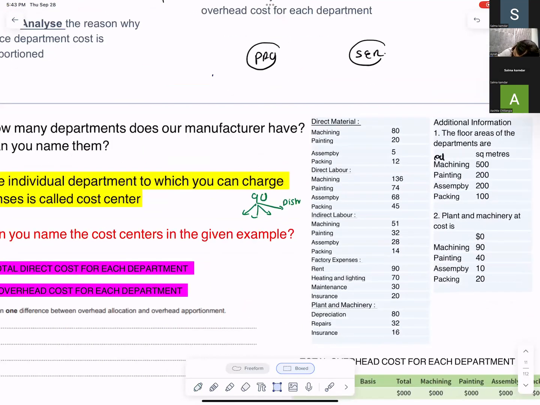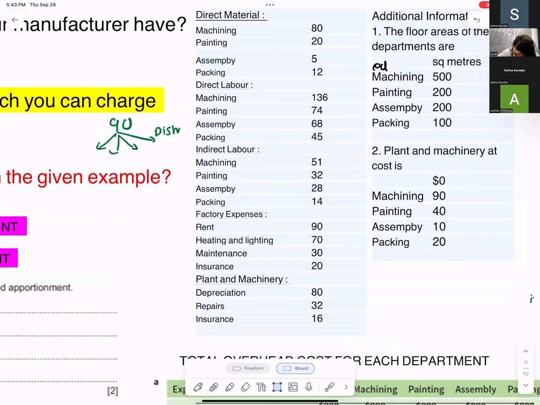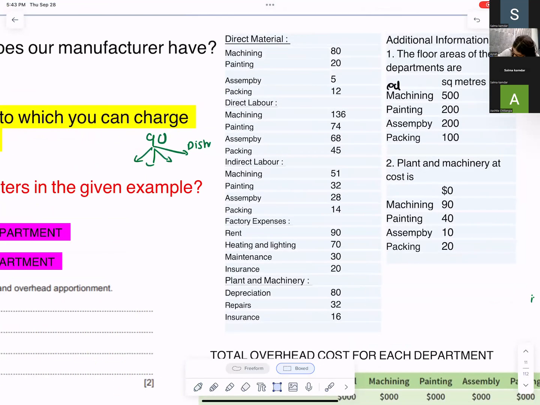So I want you to go to this PPT on this page and write for me where there is allocation and where there is apportionment. For allocation, you will write AL, and for apportionment, you will write AP. But you will write the AL and AP for the item of expenditure.